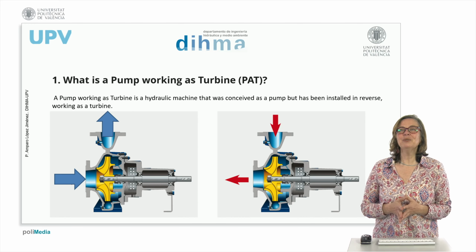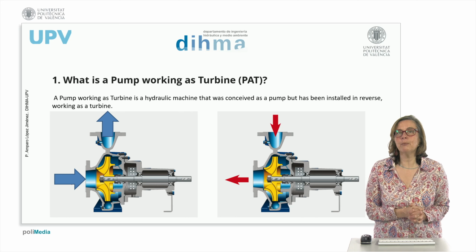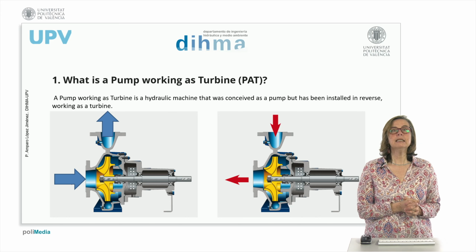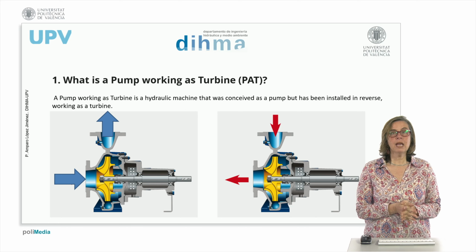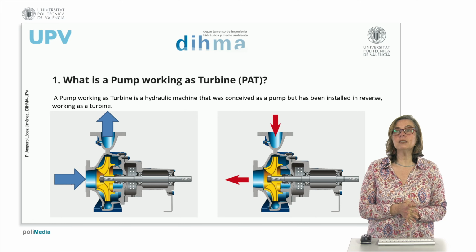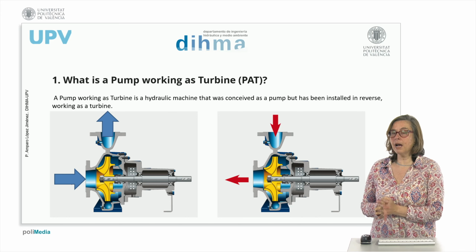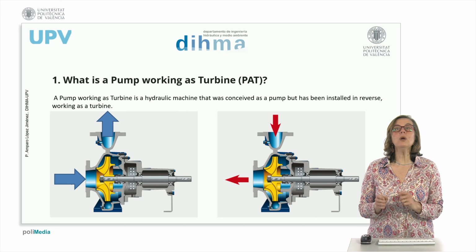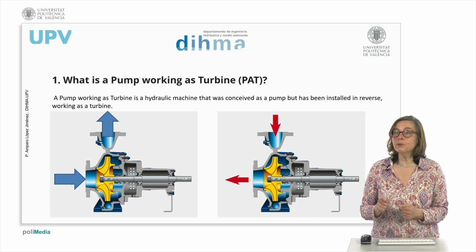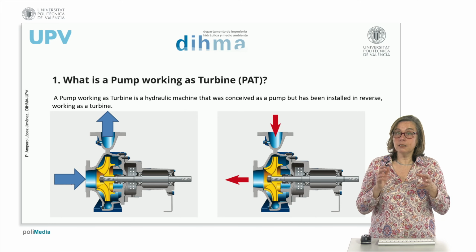First of all, we will be thinking about what a pump working as turbine is. This is a hydraulic machine that consists of a pump that has been installed in reverse mode, working as a turbine. The installation makes the machine not reversible. It will be installed as a turbine.